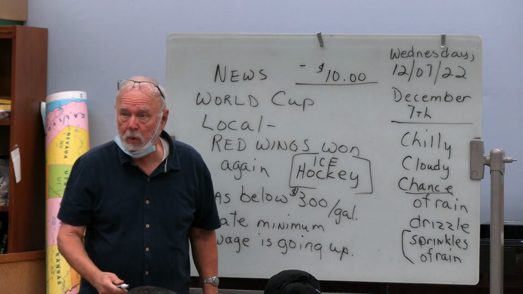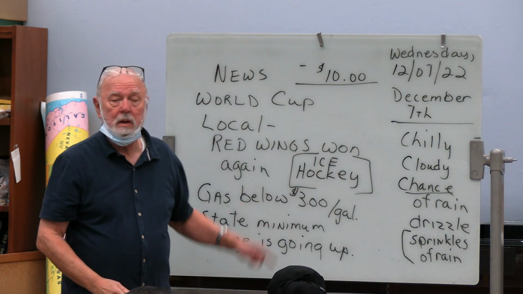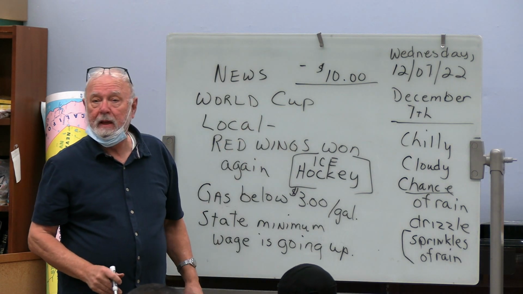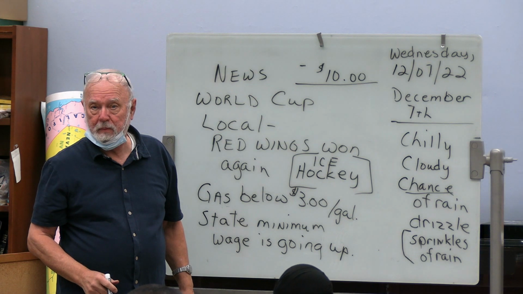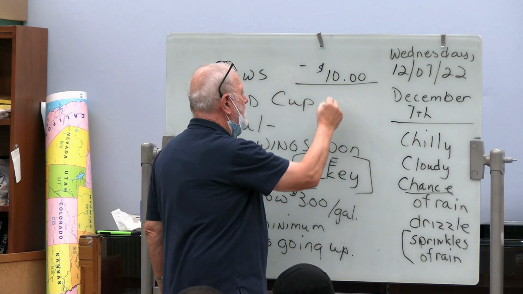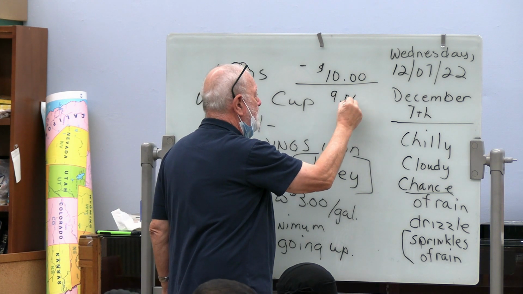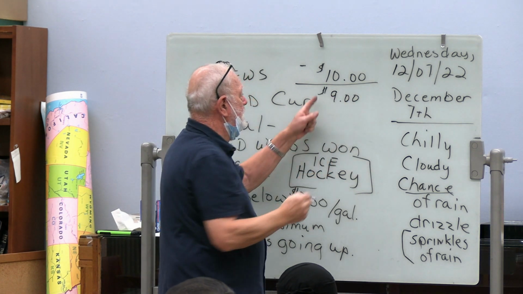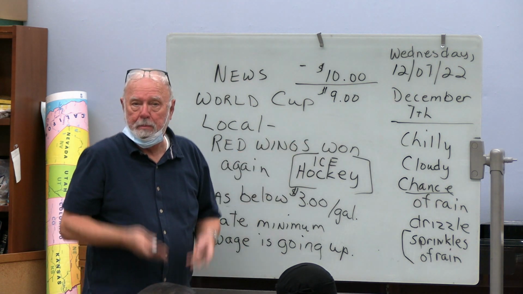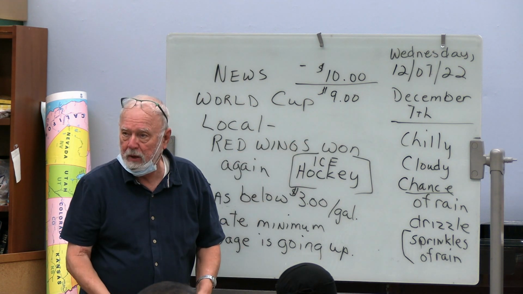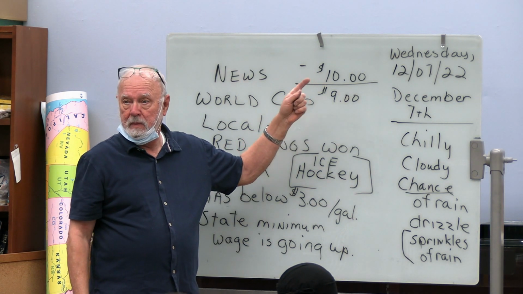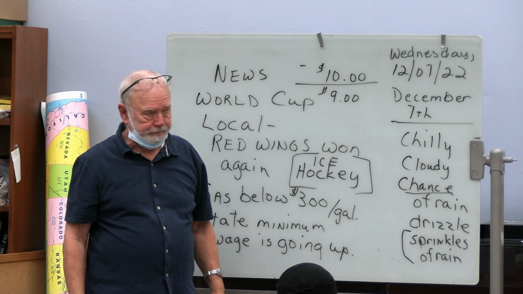If you hire someone and you pay them minimum wage, it's this. $10 per hour. This will be below minimum wage. Above minimum wage, below minimum wage. So this will be the minimum, 10 something per hour.